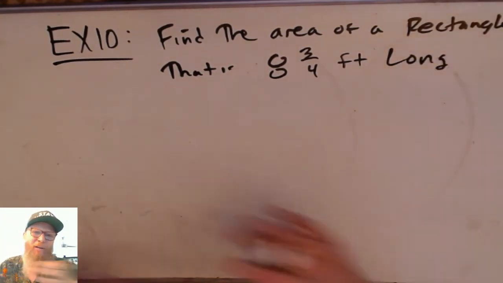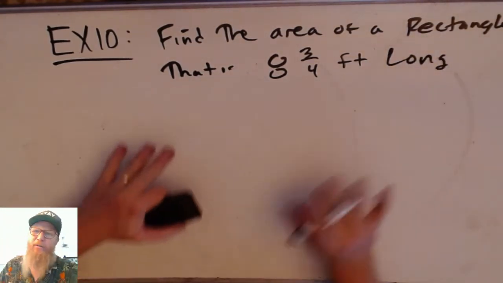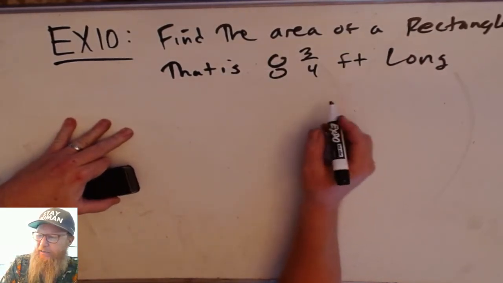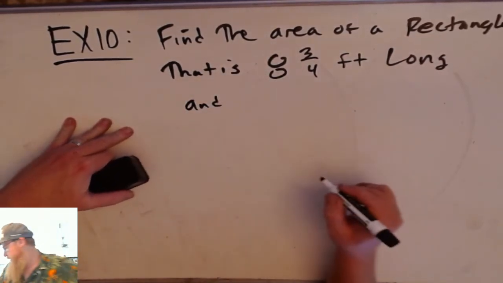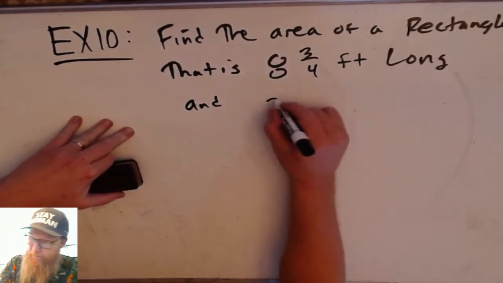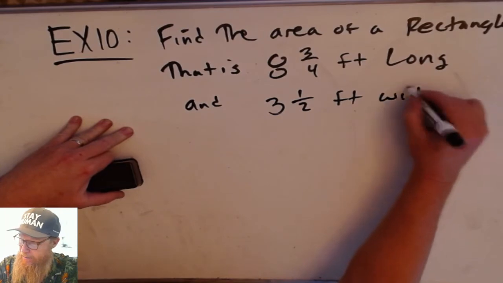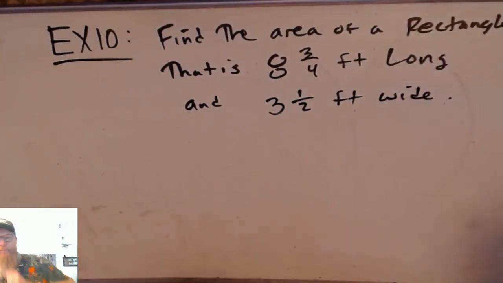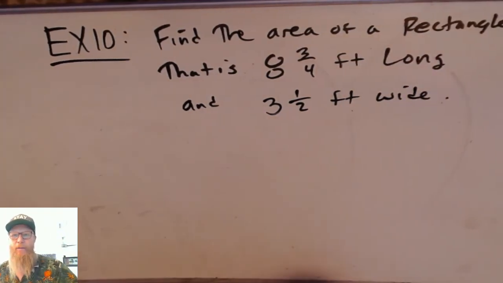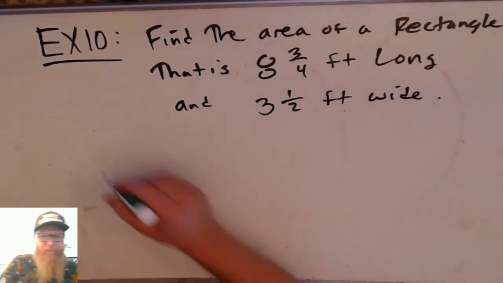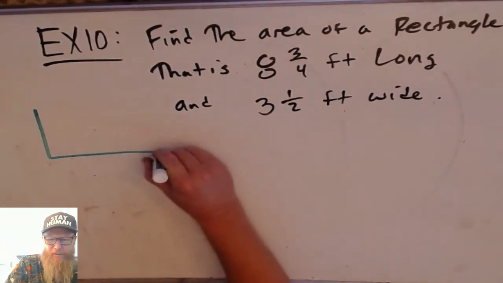I was going to use an X for by, but it's okay. It might help if you just draw a little picture here, just so that you know what you're talking about.